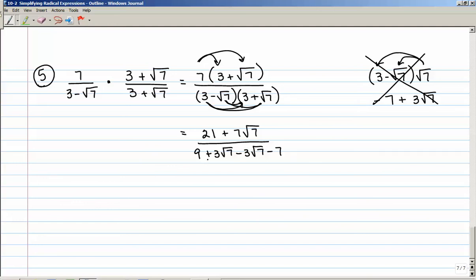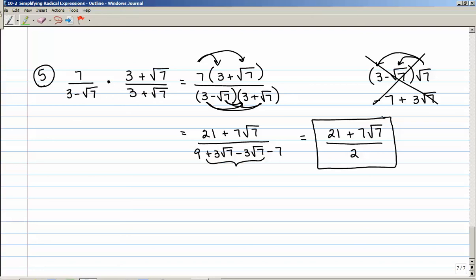Now what do you see going on right here? Those guys are going to cancel each other out. So what I really have is 21 plus 7 square root of 7 over 9 minus 7, or 2. And that's a really funny looking answer, kind of like the ones we ran into with the quadratic formula, but that is actually simplified.